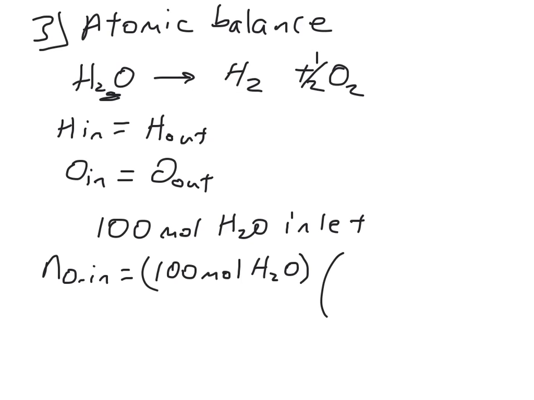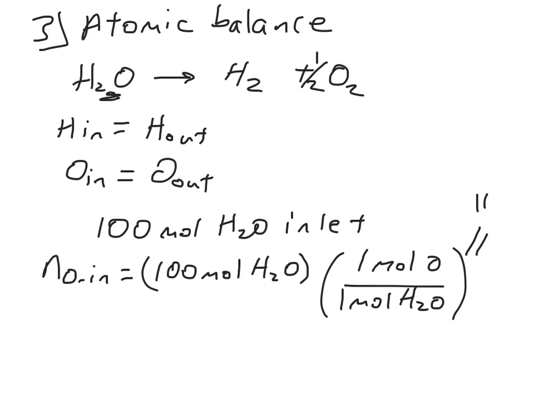Then we have to multiply this by the stoichiometric ratios. In this case, we're referring to the stoichiometric ratio of how much oxygen there is per molecule. So in this case, 1 mole H2O gives us 1 mole O. So the amount of oxygen atoms coming in is equal to 100 moles. And that's basically what we do here.